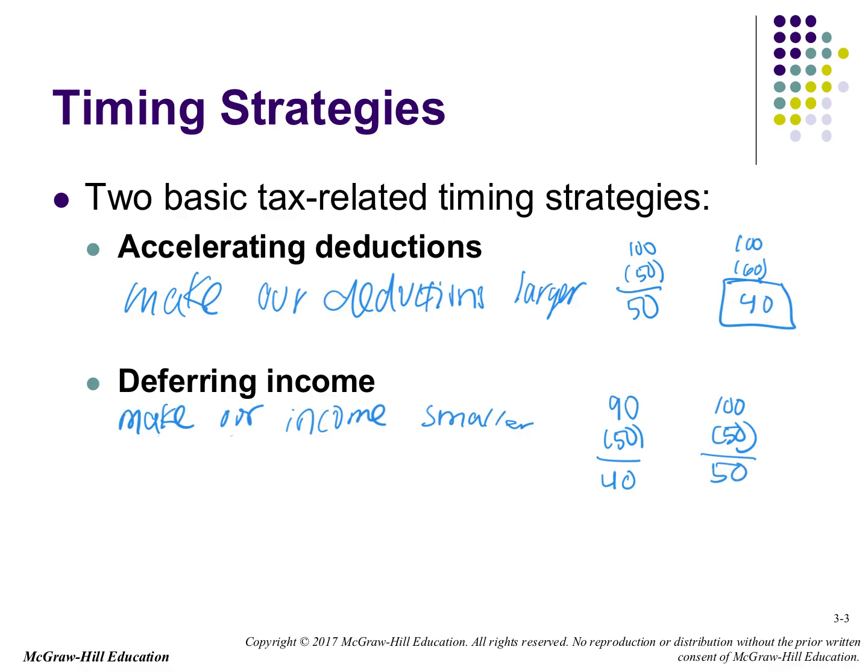So then we have $40 and $50 of taxable income. We would want to have, in this case, the lower income number, because then we'll only have to pay tax on $40 instead of $50.